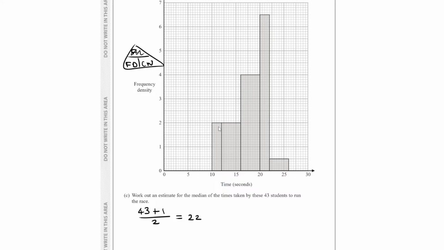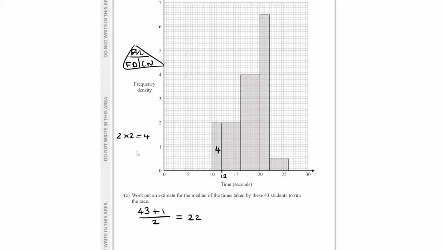So for the first one, the frequency density is 2, and the class width, let's just check the scale. It's the same scale as the previous one, so I would say that's 12. So that's 2 as a class width, isn't it? So that one would be 2 times 2, obviously 4. So there's 4 students in this one here between 10 and 12 seconds.